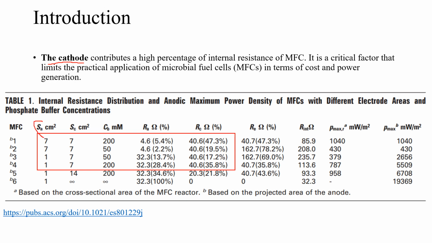with the surface area of anode and surface area of cathode, we can see that with the same sizes, the internal resistance of the cathode accounts for up to 40% of the total internal resistance, and so on.